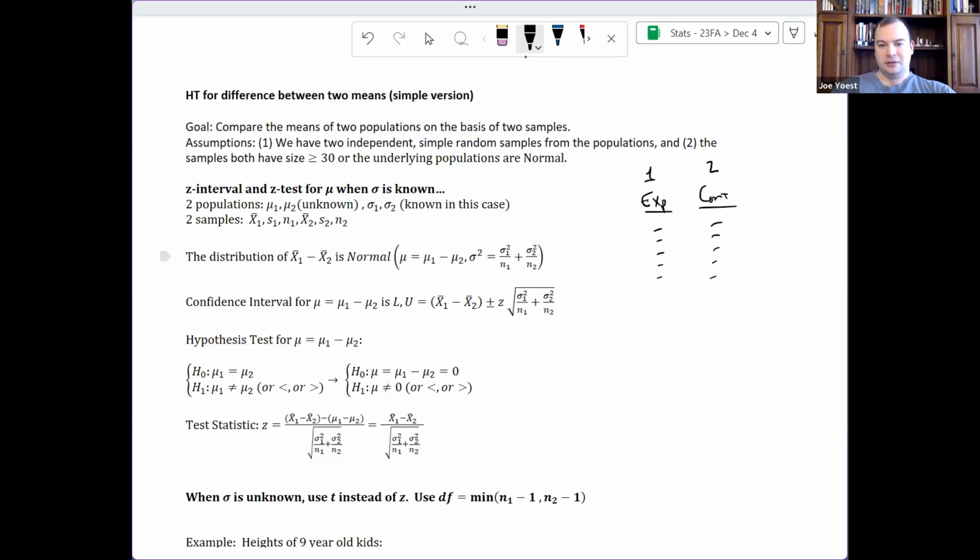And this first sample has characteristics x bar 1, S1, and N1 for the sample mean, the sample standard deviation, and the number of individuals in the sample, and then similarly for sample 2.